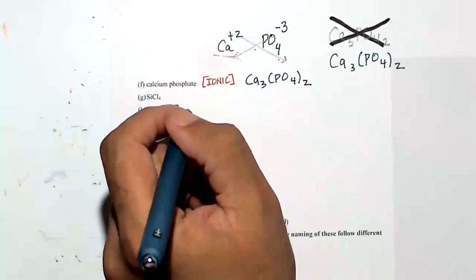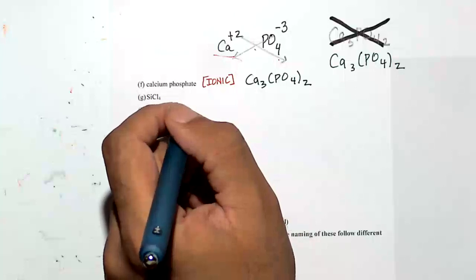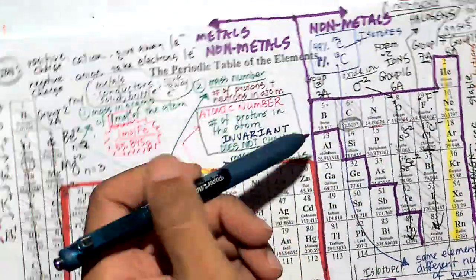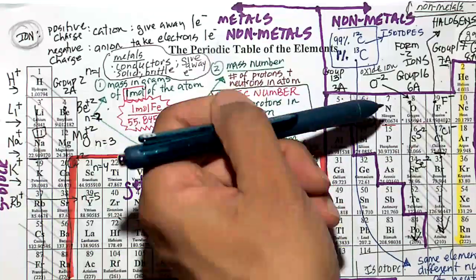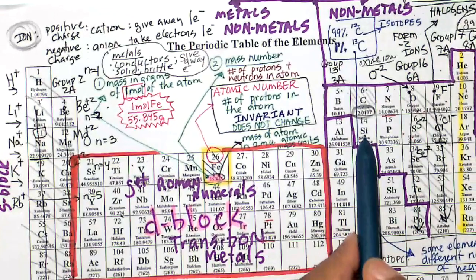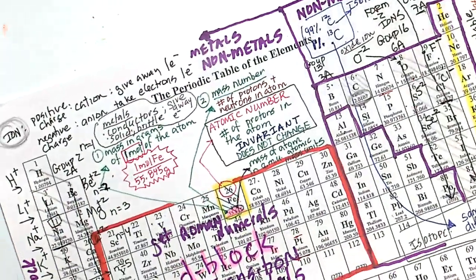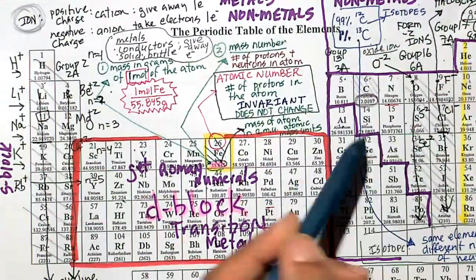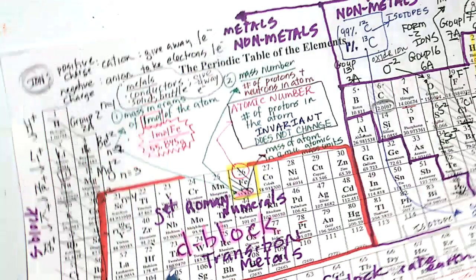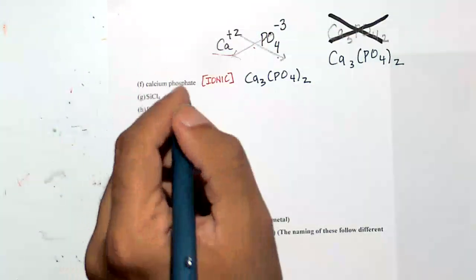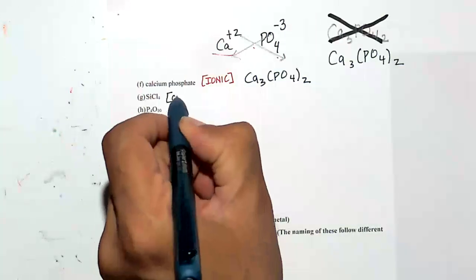How about SiCl4? Si is kind of more in the non-metallic area. It's more to the left. So it's a non-metal silicon with a non-metal chlorine. So we'll call this covalent. You see how the silicon is to the left, the chlorine is to the left. So with this being covalent, how would you name this?